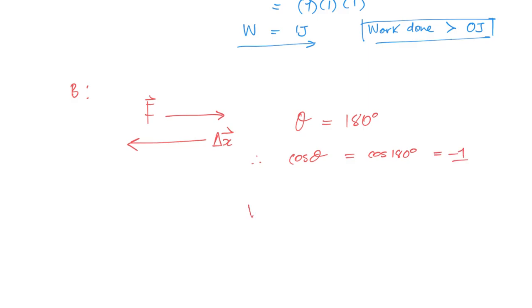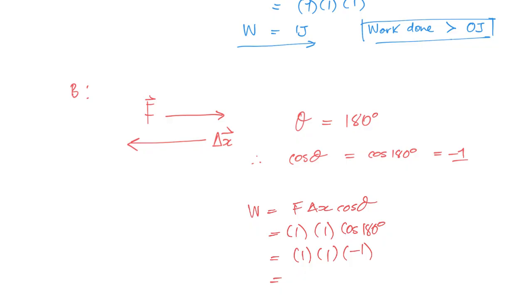So I can say that W is equal to F delta x cos theta, which is equal to 1 times cos 180 degrees, which is equal to 1 times negative 1, which then gives me negative 1 joules. When I have this, my work done is less than 0 joules.